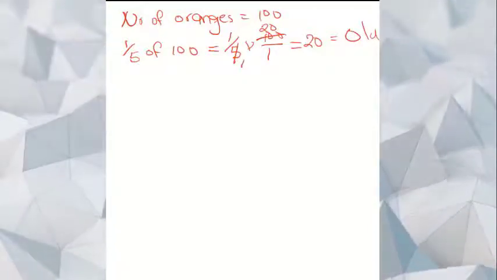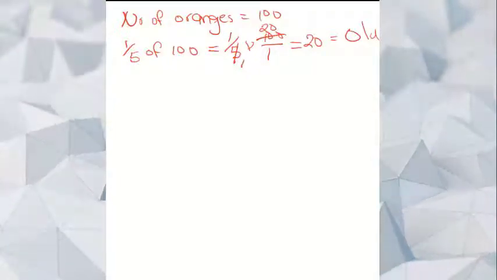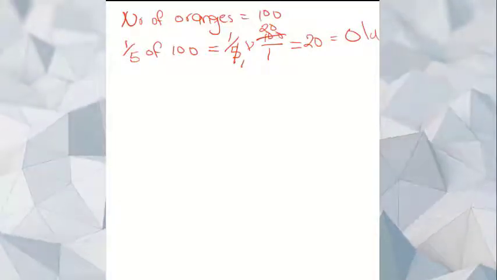And then remember it said 1/4 of the remaining oranges. So how do you get the remaining oranges?